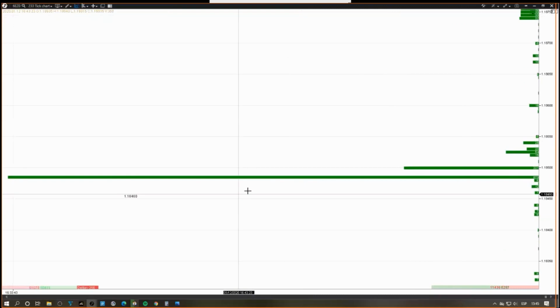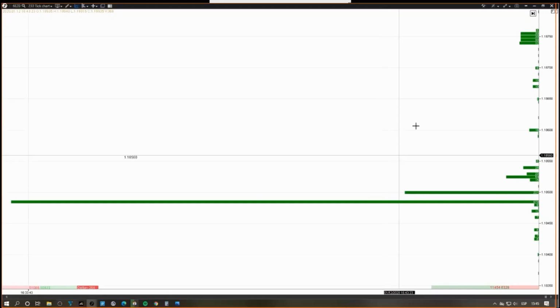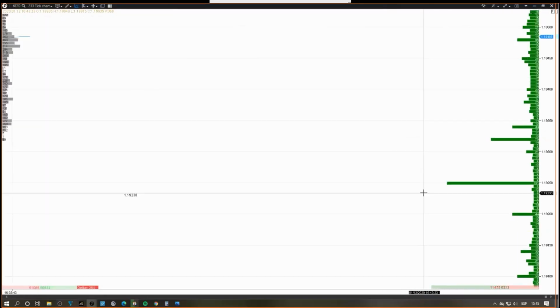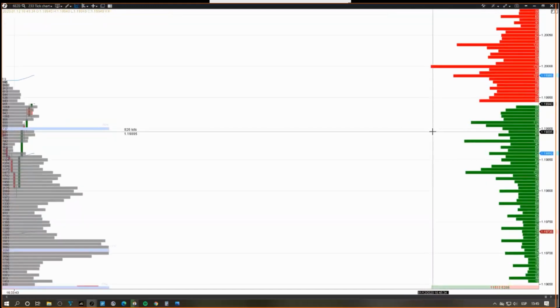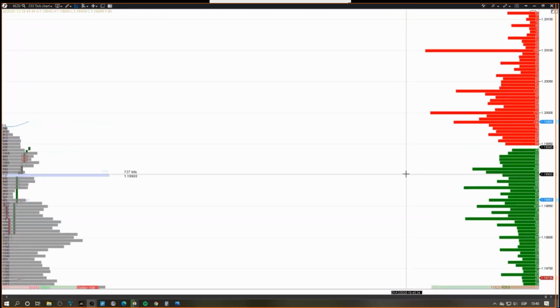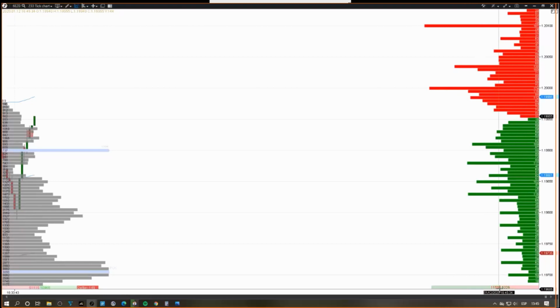So this is significant because it shows us levels on the liquidity side. We can use that information to trade or not to trade, depending on what you're doing. And we can also see the total amount of lots in each side.